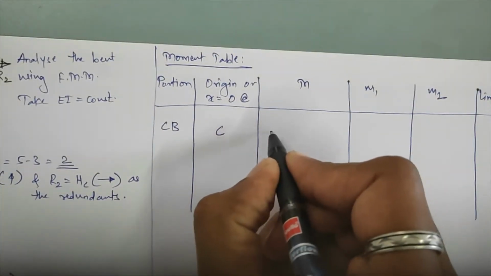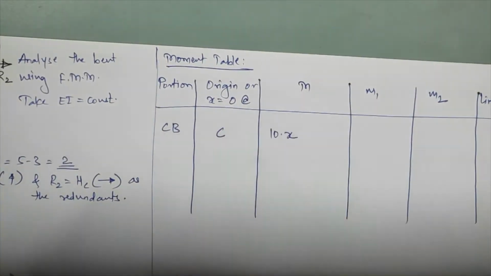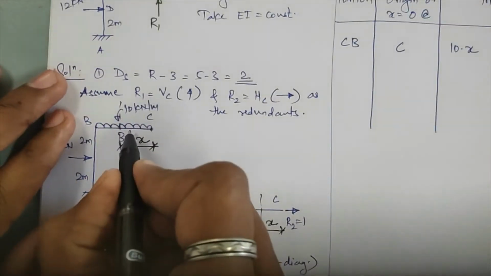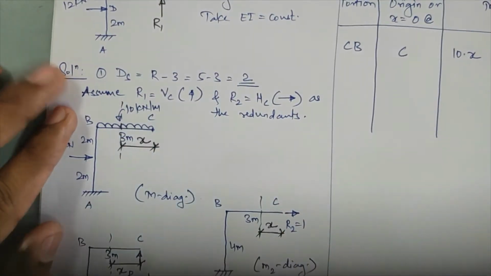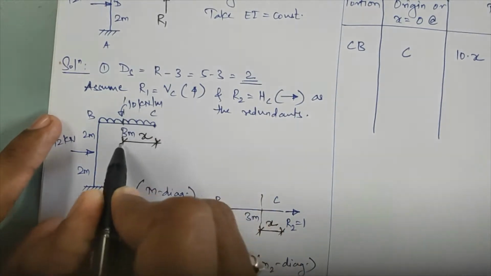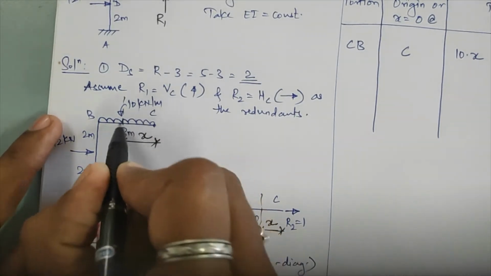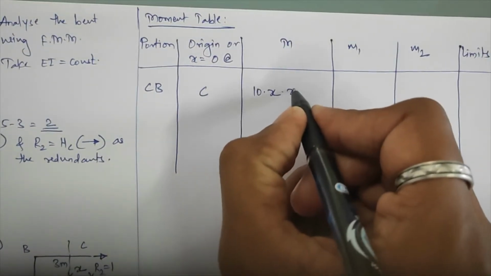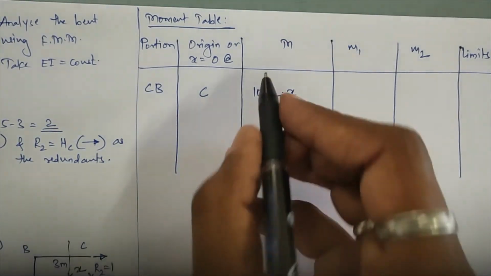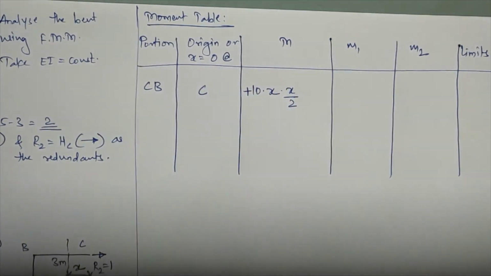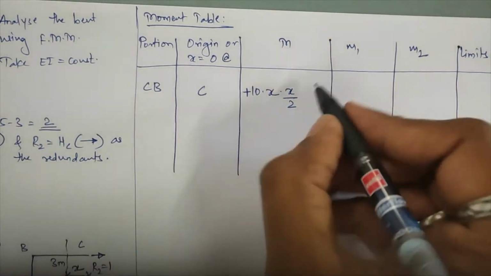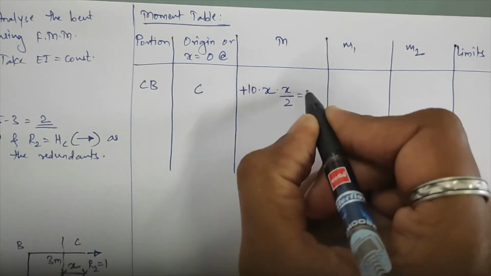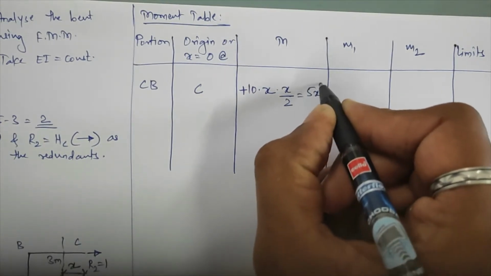So that comes 10 into x, and this will act at half of x, so the lever arm becomes x by 2. That moment will be clockwise in nature, so I'll treat that as positive. If I simplify this, I get plus 5x square.